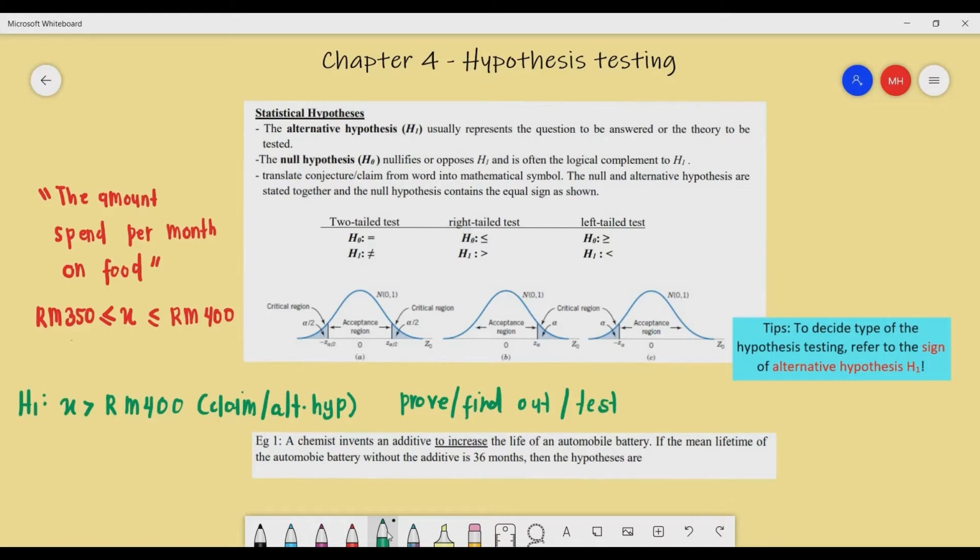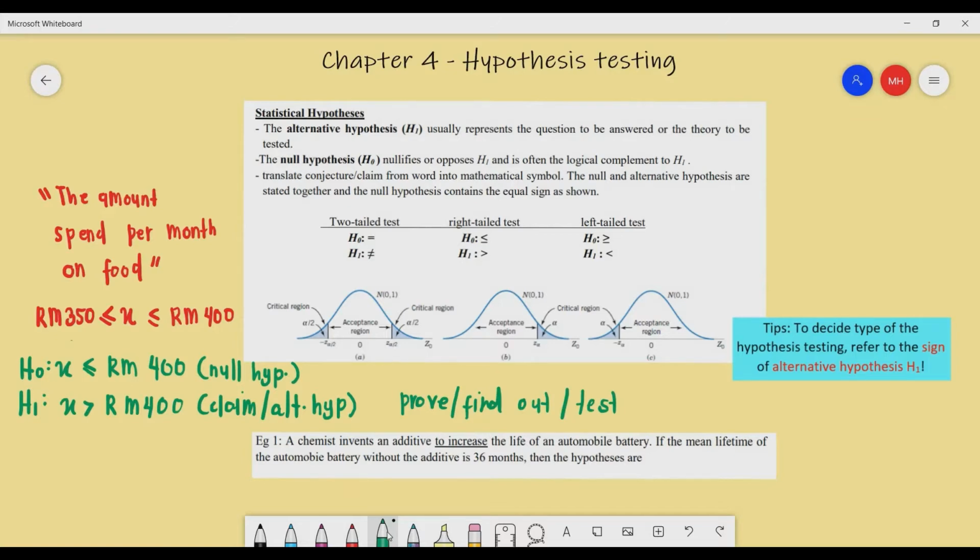And there is a statement that must be opposed to this claim, which we call the null hypothesis, denoted by H0. This null hypothesis must contradict the alternative hypothesis, whereby the sign must be opposite to the claim. If the alternative is greater, therefore the null must be less than or equal to RM400.